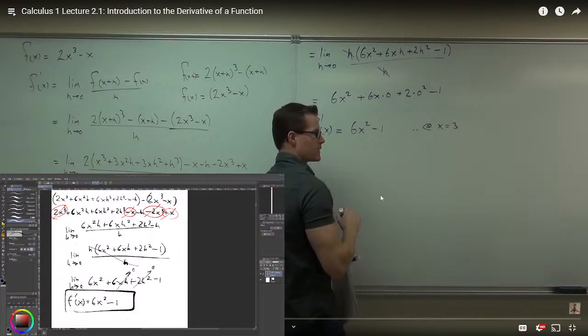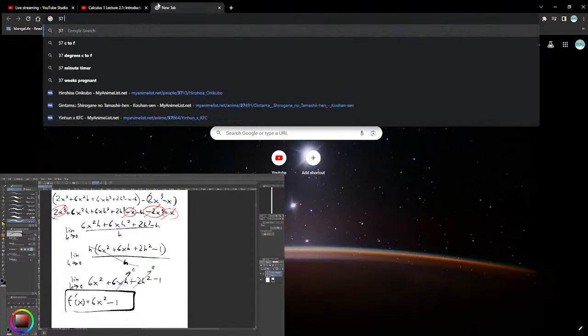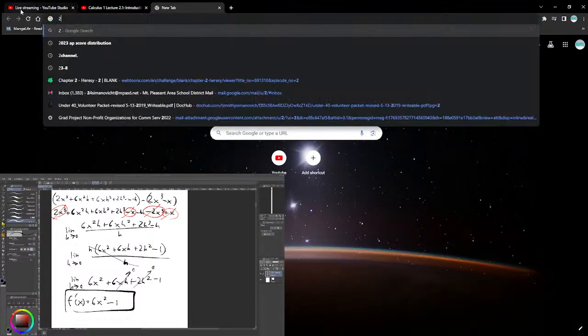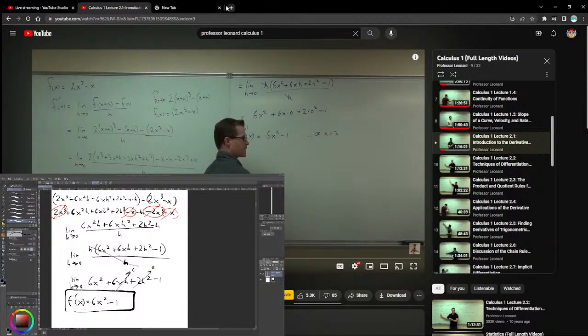Then to find the y value, you have to plug into the original. So 27 times 2, 54 minus 3.